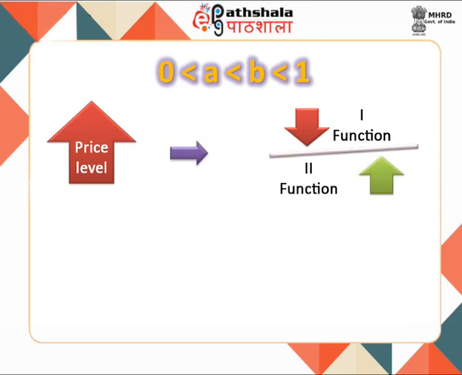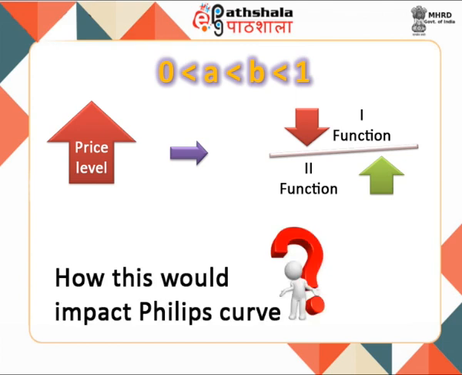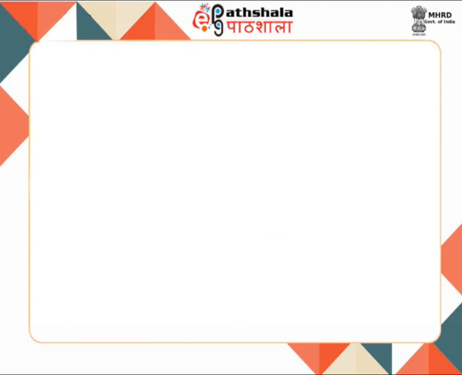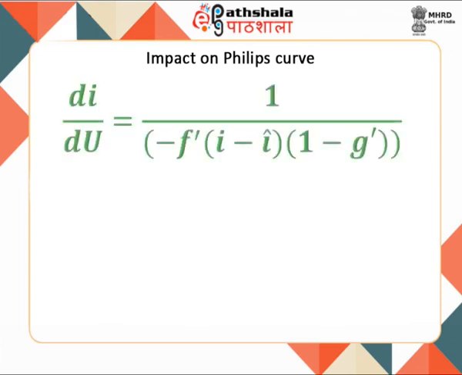Now it is important to know how this would impact the Phillips curve. The impact on the Phillips curve can be observed through the slope as shown below. Delta I upon delta U is equal to 1 divided by minus f dash (I minus I cap) multiplied by (1 minus G dash).